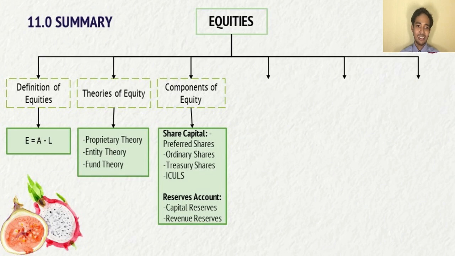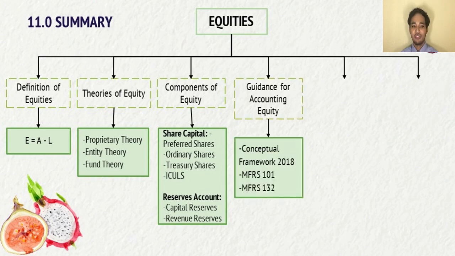Move on to the next subtopic, which is the component of equity that consists of share capital and reserve account. Share capital is divided into four, which are ordinary share, preference share, treasury share, and ICULS. While for the reserve account, it has two types, which are revenue reserve and capital reserve.